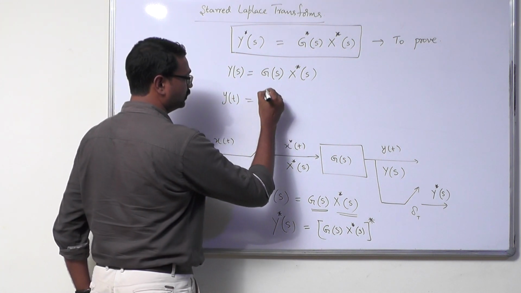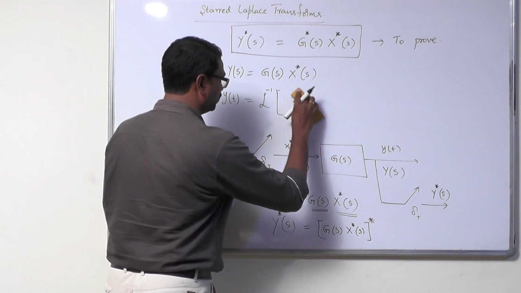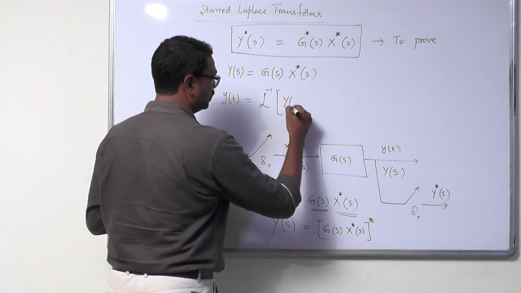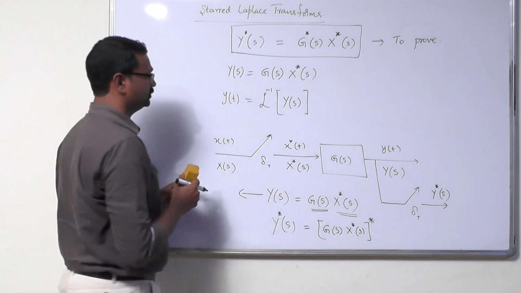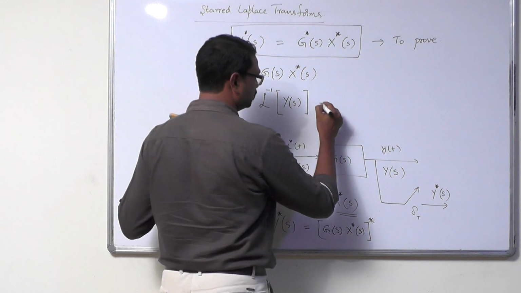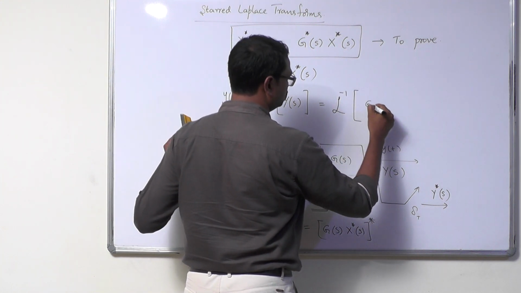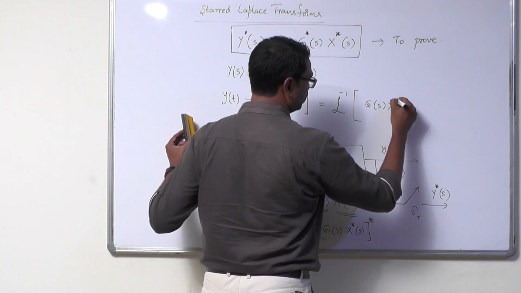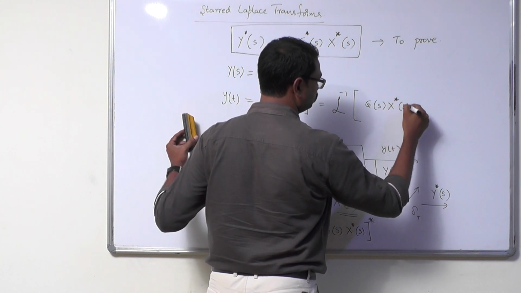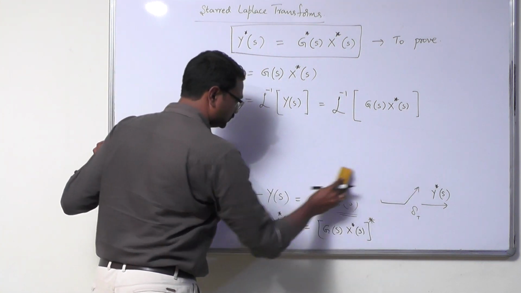I have to apply the inverse Laplace transform of Y(s) to obtain the continuous time signal. So what is the meaning of this? It is the Laplace inverse of G(s) into X*(s), the inverse Laplace transform of G(s) into X*(s).